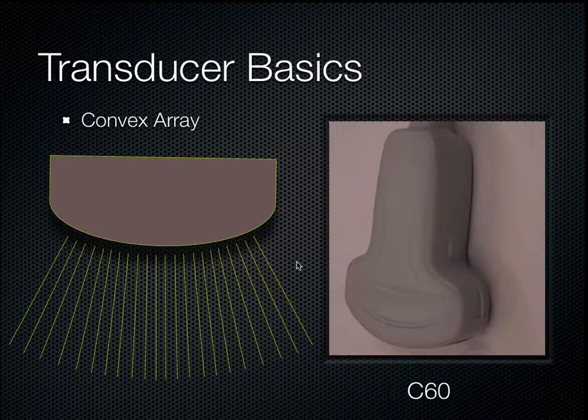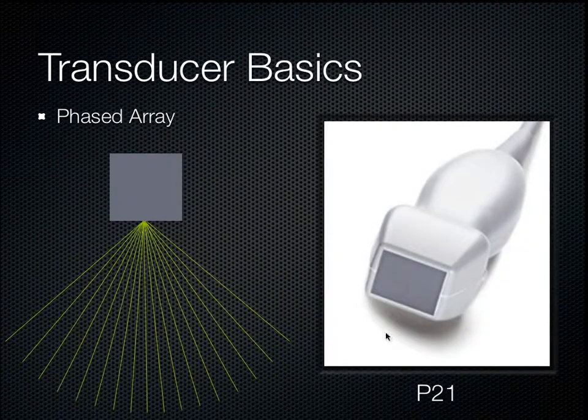However, when I change to the smaller footprint phased array P21, only 21 millimeters here, phased array, meaning that all the sound comes from one single point and it gets electronically steered into the body. Notice how these lines splay out quite a bit when I'm getting to the edges.